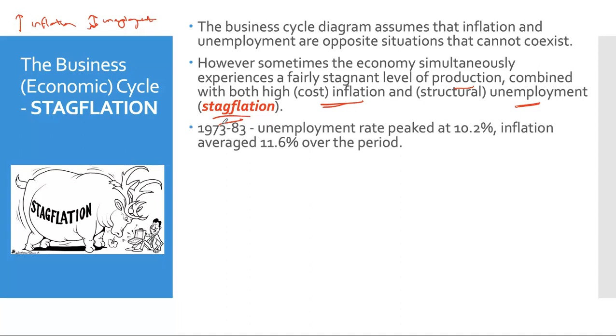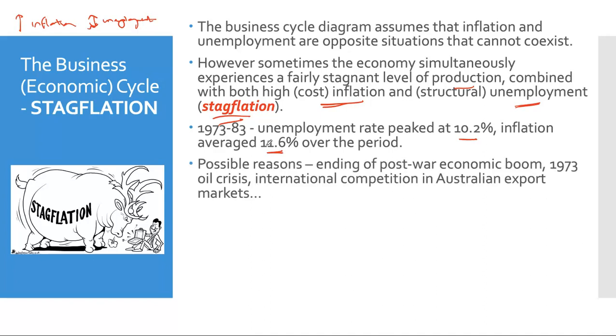So in 1973 to 1983, unemployment actually peaked at 10%, but we had inflation at 11.6% at the same time. Tough to be unemployed at that point. Possible reasons could have been the end of the post-war economic boom. There was an oil crisis. There was international competition. Lots of things had to be out of whack for that.